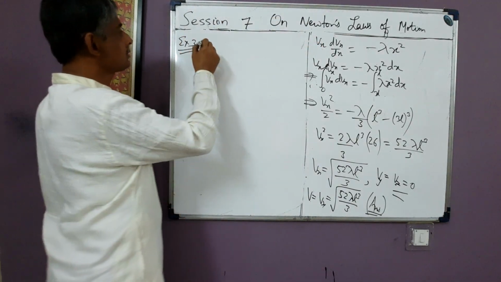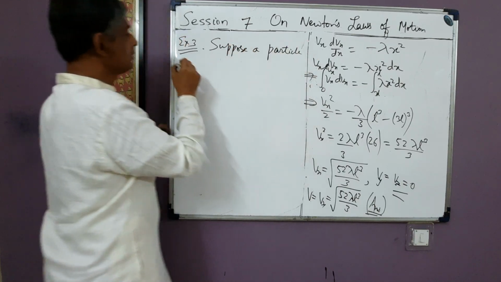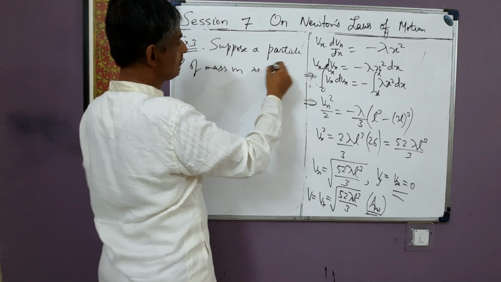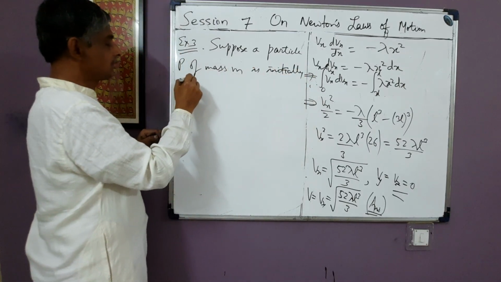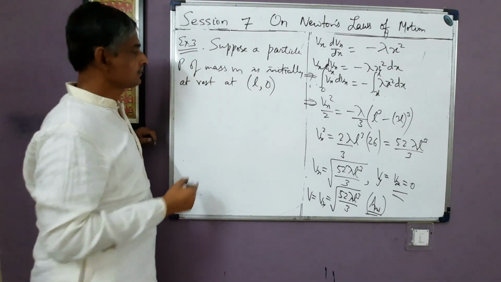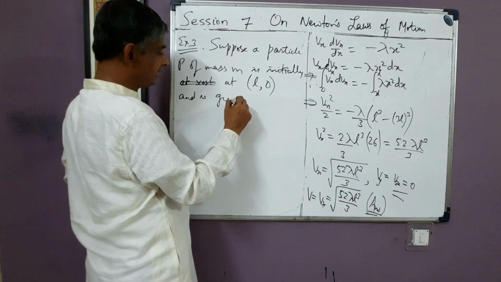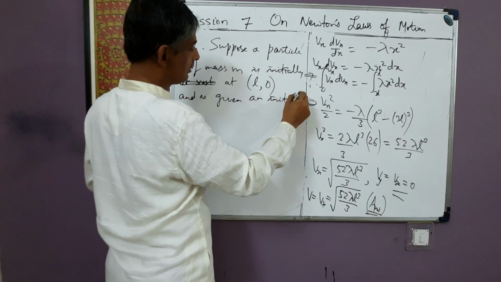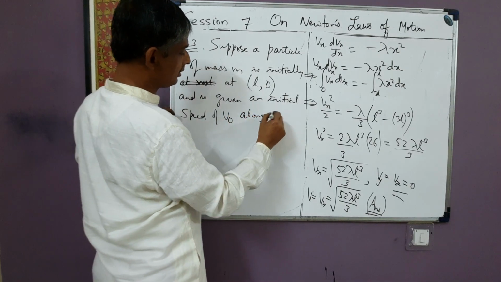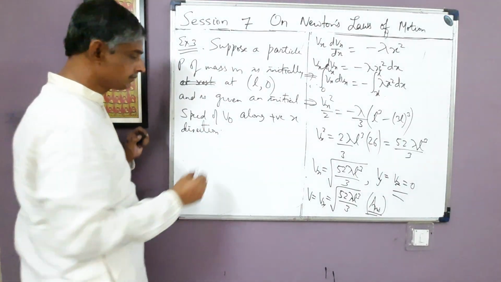The third question says that suppose a particle P of mass m is initially at rest at (L, 0) and is given an initial speed of v naught along the positive x direction.